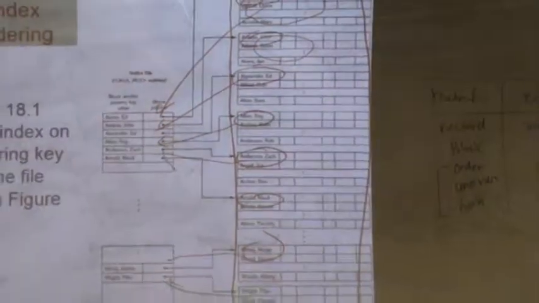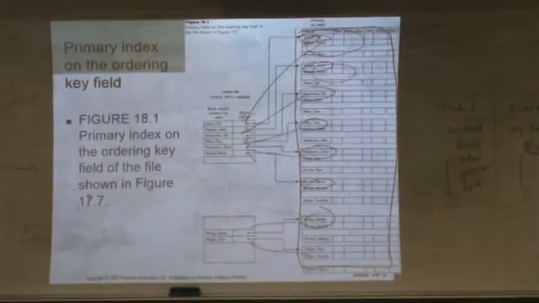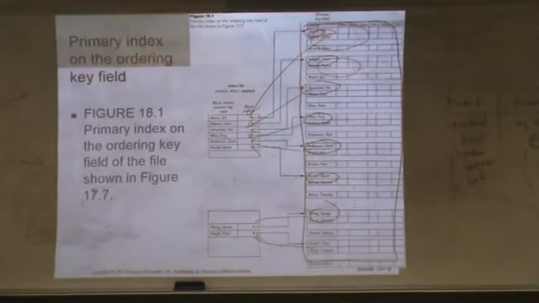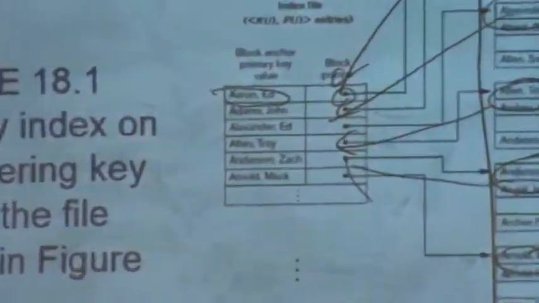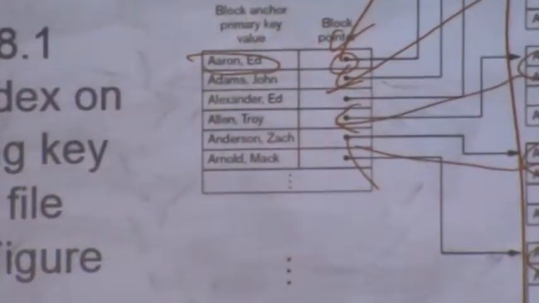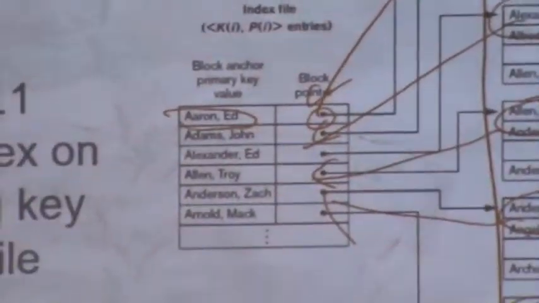How can we use such a primary index when you search the data? Before that, each index entry has what? Key value and pointer. Always the index has key items that include the value plus the pointer address.